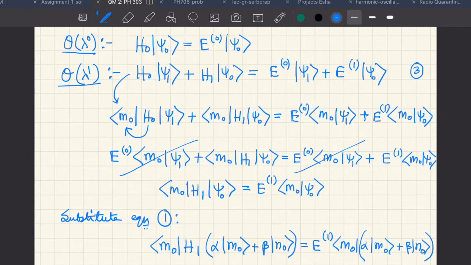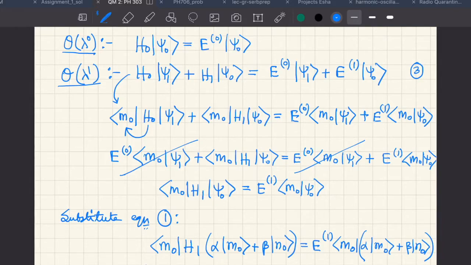So if we simplify this, what we are left with is alpha bra m naught H1 m naught plus beta bra m naught H1 n naught.